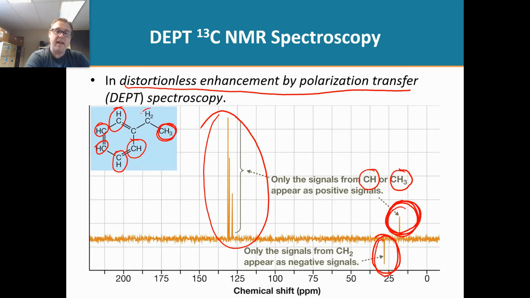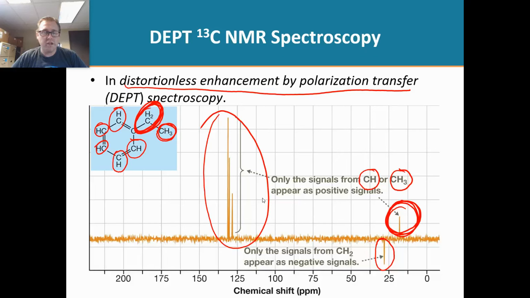But then we have a methylene, and that methylene is shown down there. So isn't that cool? That this really helps us to figure out our NMR if we use a DEPT, because now we can distinguish and find any methylene carbons. Really, really cool ability there. Okay.